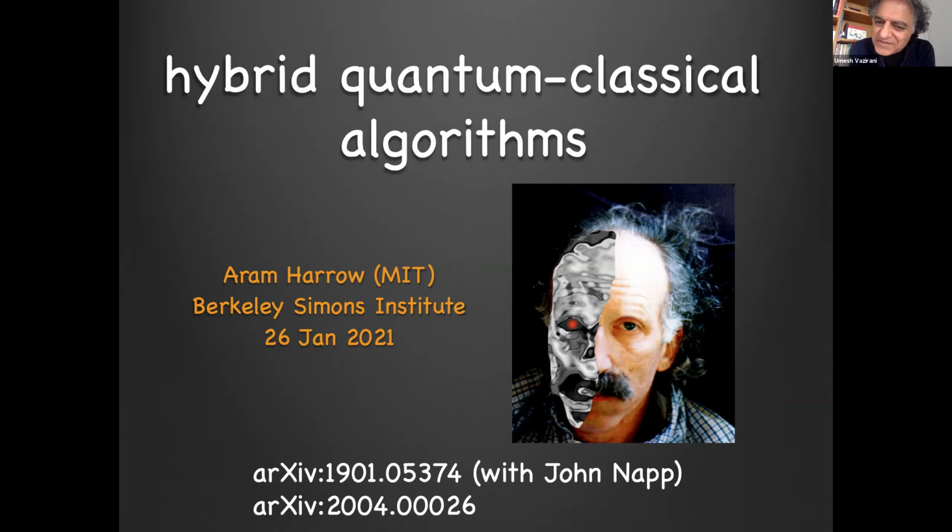Right. So Aram, can I ask you a different, sort of a funny question? One could say that we formulated optimization problems in the classical world in terms of what we want to do, or what natural processes we think of as doing.